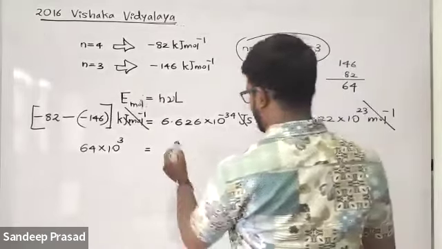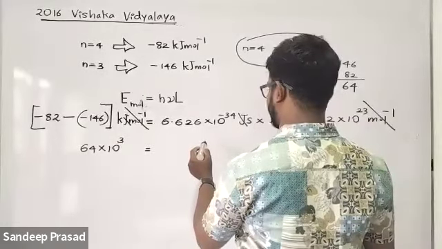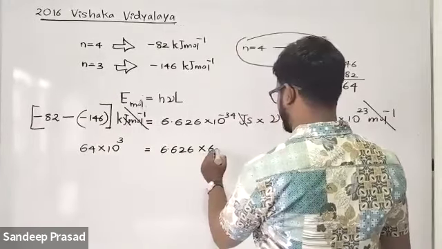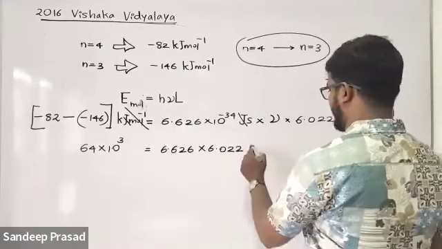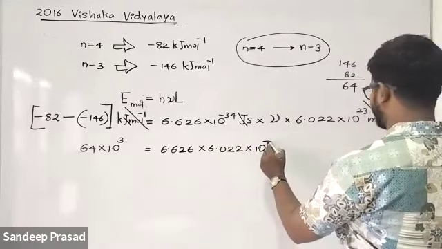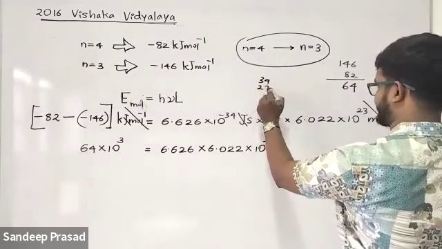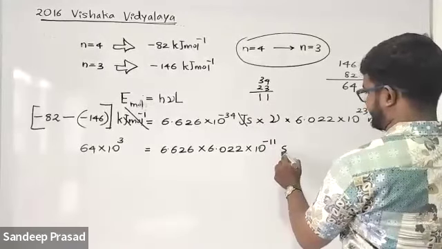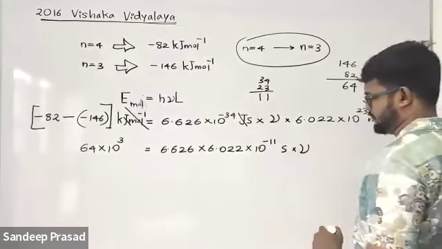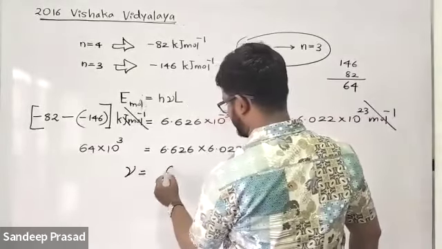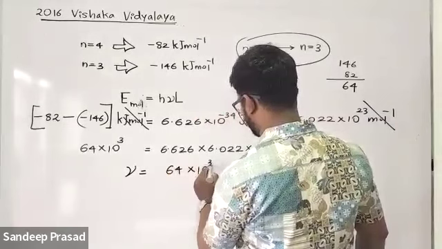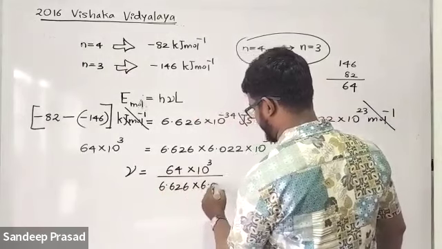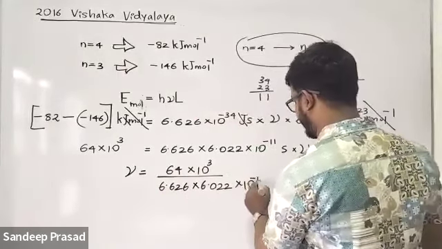Let me take 6.626 and 6.022 together, and the 10 to the power values become 10 to the power minus 34 plus 23, which is 10 to the power minus 11. So nu equal 64 times 10 to the power 3 divided by 6.626 multiplied by 6.022 times 10 to the power minus 11.